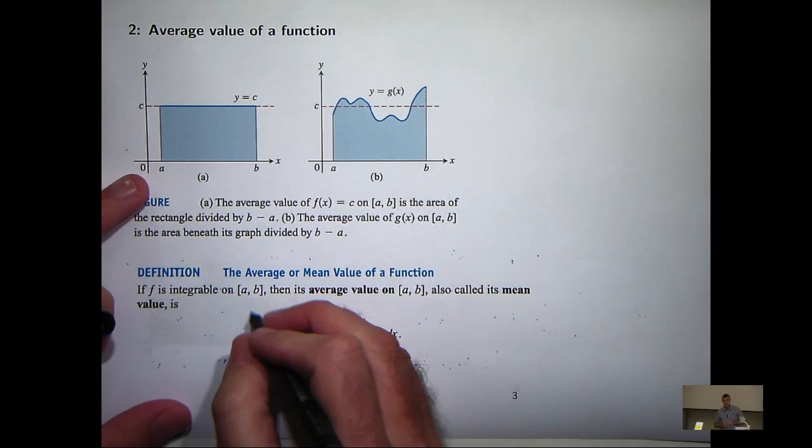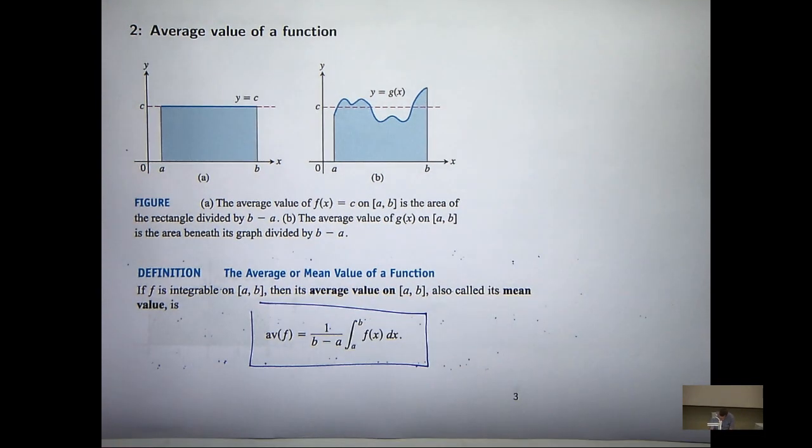Okay, so the average value of a function. In general, like I said before, the average value of a function is very easy to compute. Just integrate from a to b, whatever a and whatever b are, and divide by the length.